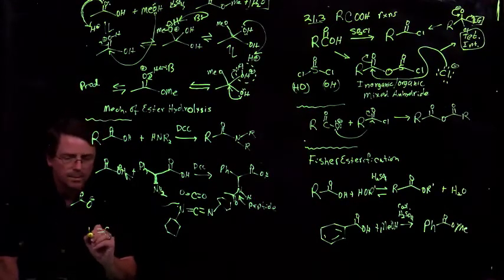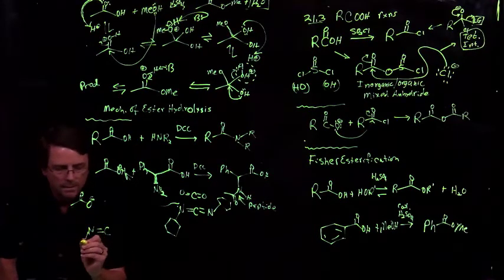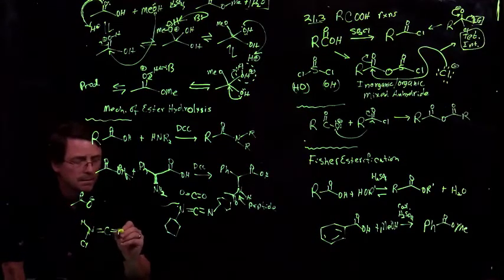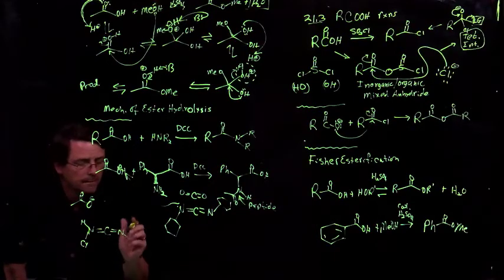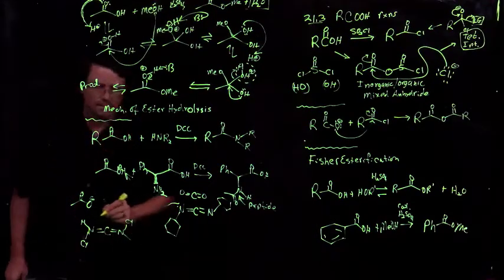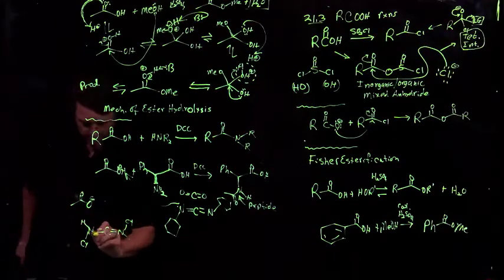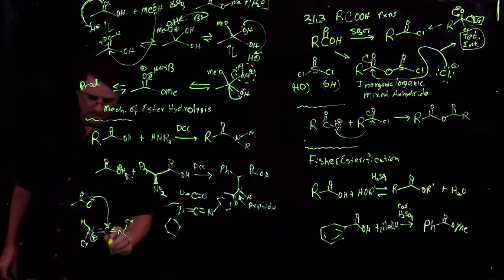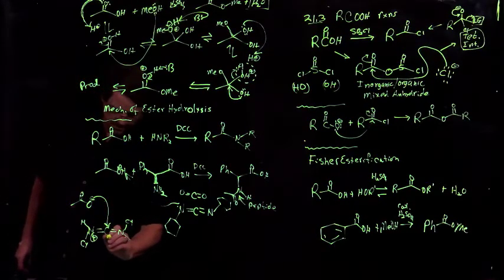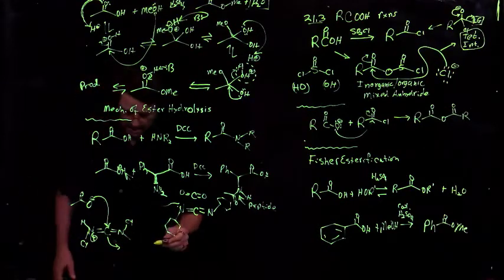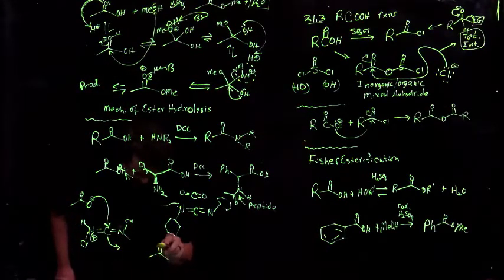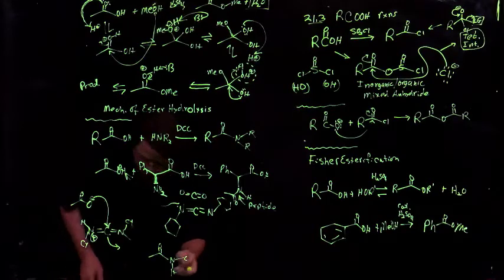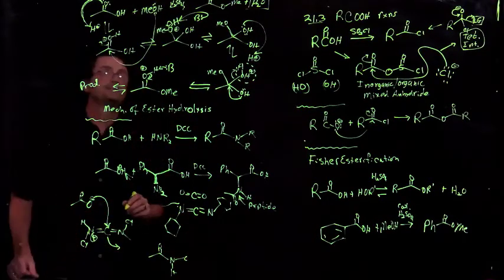Now I'm going to abbreviate the cyclohexyls as CY. This is protonated, so it's positive. That makes this an even better electrophile. We then attack here, and we generate another intermediate.